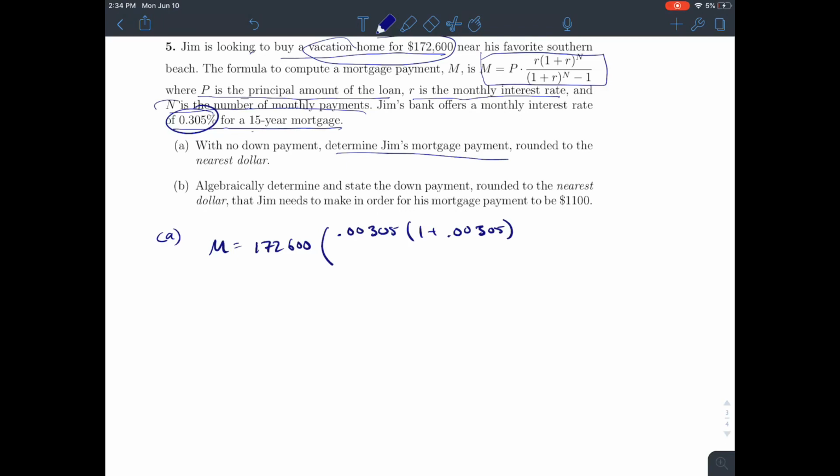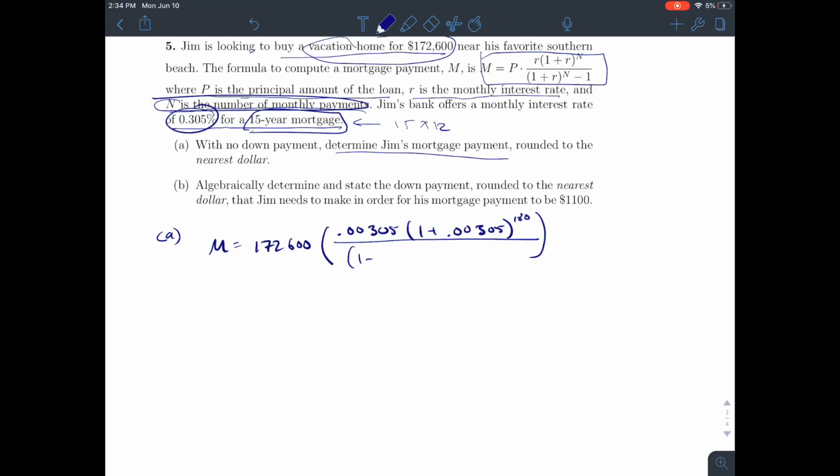Let's see what N is. N is the number of monthly payments. If it takes him 15 years to pay it back, then he'll pay it back in 15 times 12 months. That's 180 months. All divided by 1 plus 0.00305, all to the 180th power, minus 1.